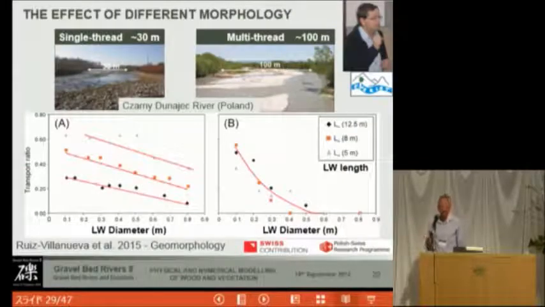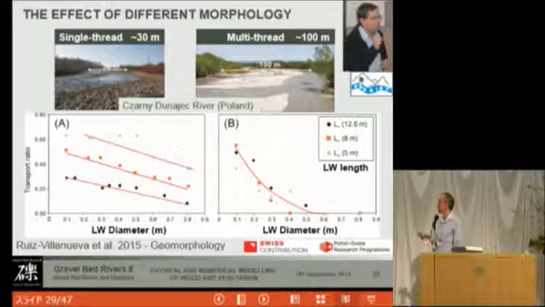So then the model has been applied also in other cases. This is a project with Polish colleagues on the Czarny Dunajec River in Poland. And this river gave the possibility to contrast two different morphologies.